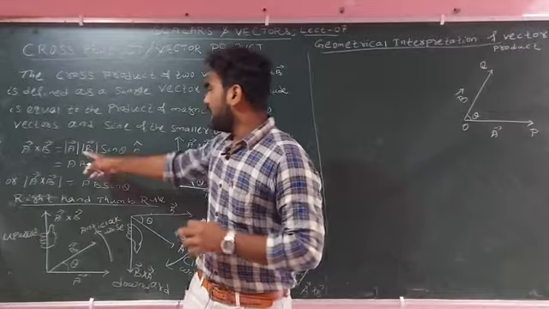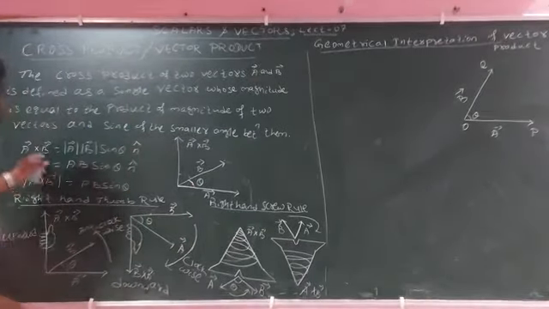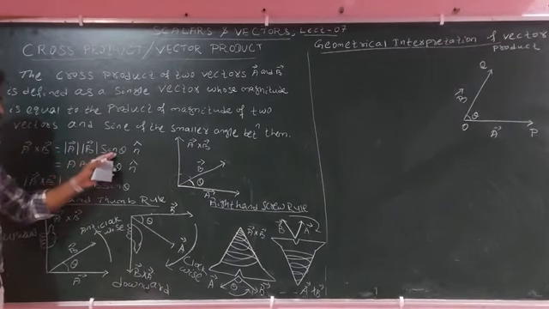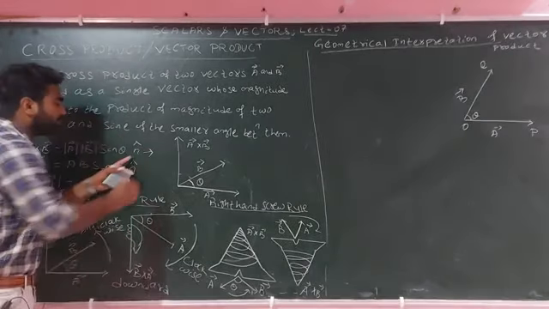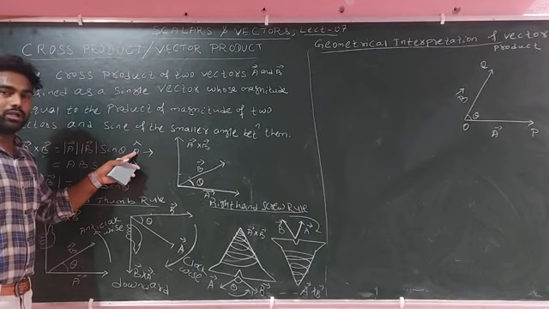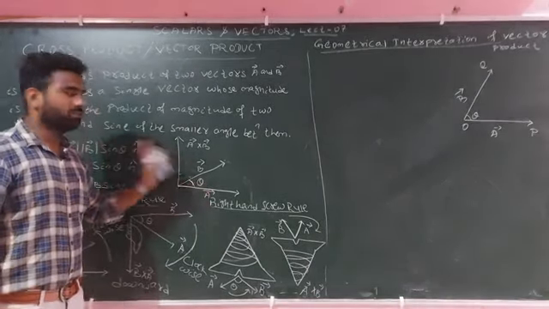Again, consider A and B are two vectors and theta is the smaller angle between them. Then A cross B equals magnitude of A into magnitude of B into sine theta into n cap. Here n cap is the unit vector which is perpendicular to the plane containing vectors A and B.